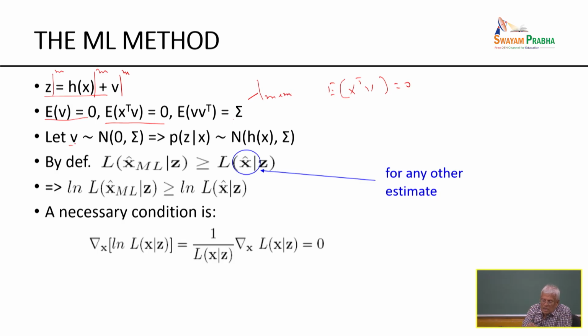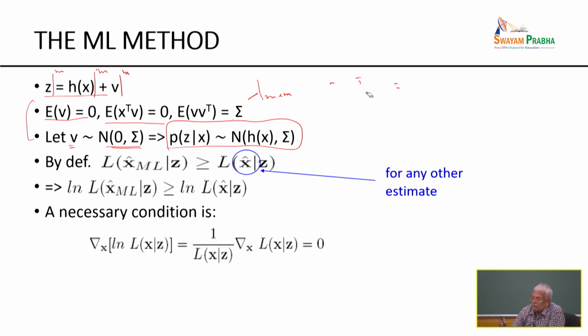I am assuming v is also normally distributed with zero mean, and the covariance is equal to sigma. The cross covariance between x and v is 0. Therefore, z is equal to h of x plus v, with this property, the conditional density of z given x is normal with mean h of x and covariance sigma. I hope you are all with me.